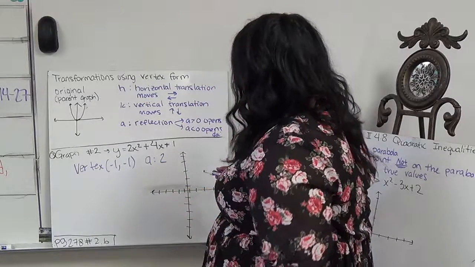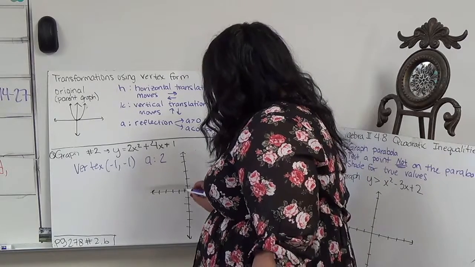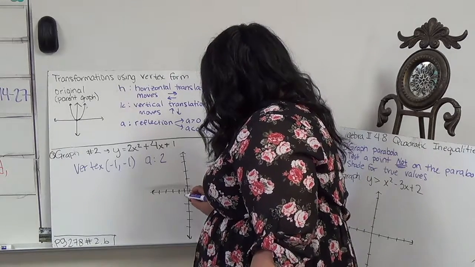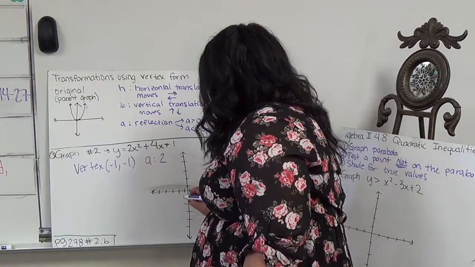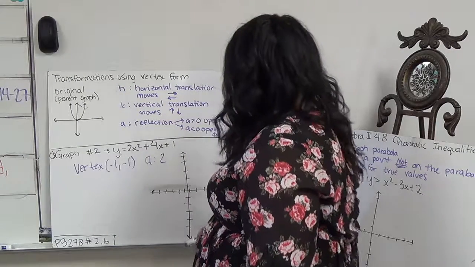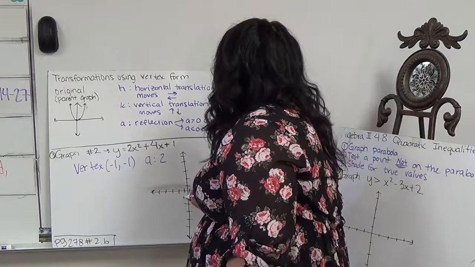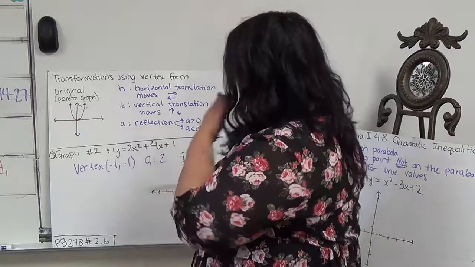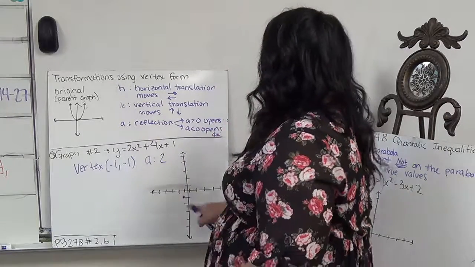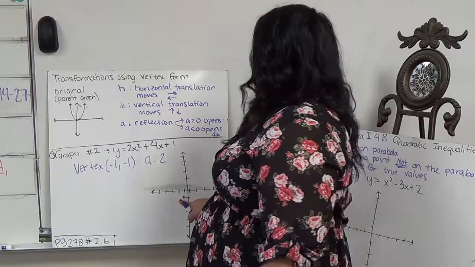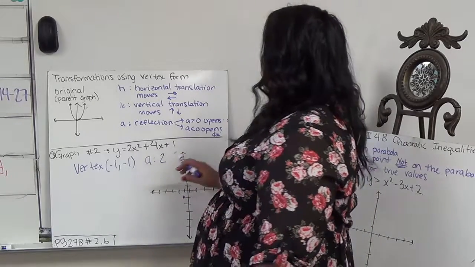So I'm going to take our vertex, I'm going to put -1 down, right? The horizontal, yes. Okay, so this is our vertex. Now, I know that it opens up, but I don't know how wide.